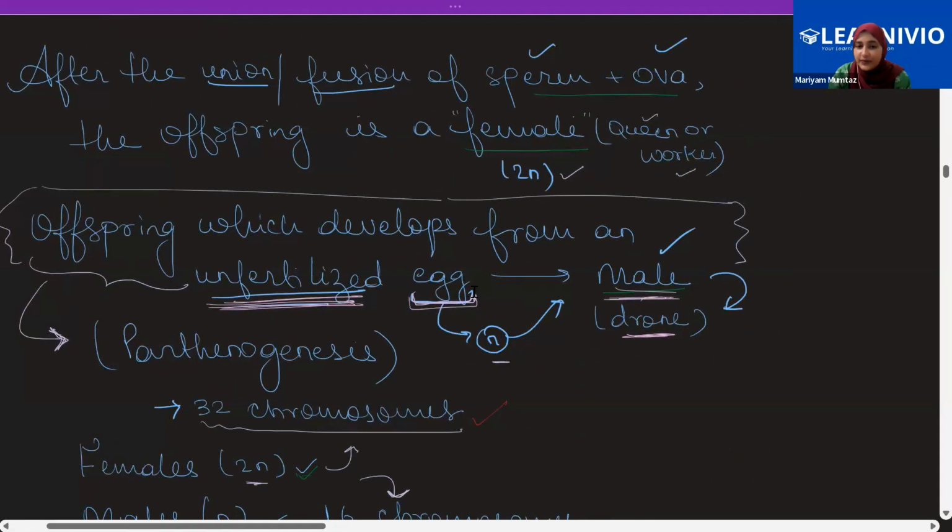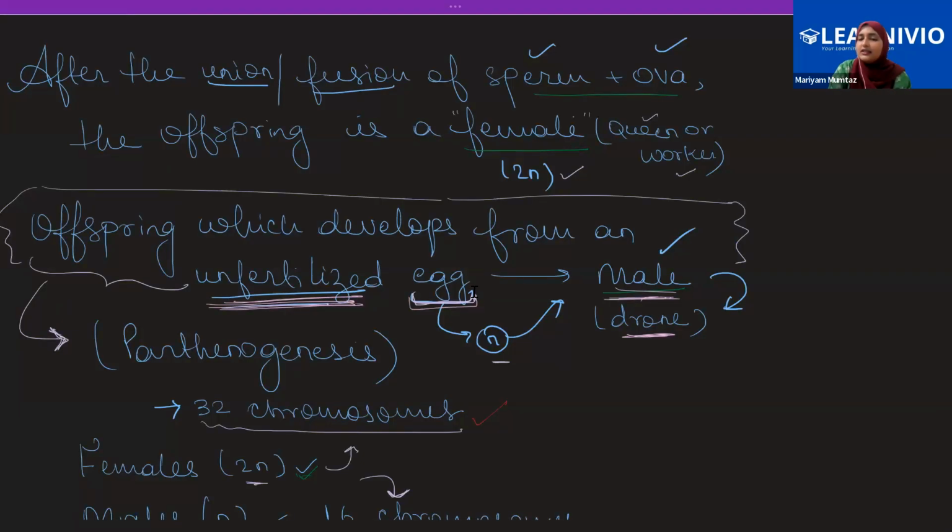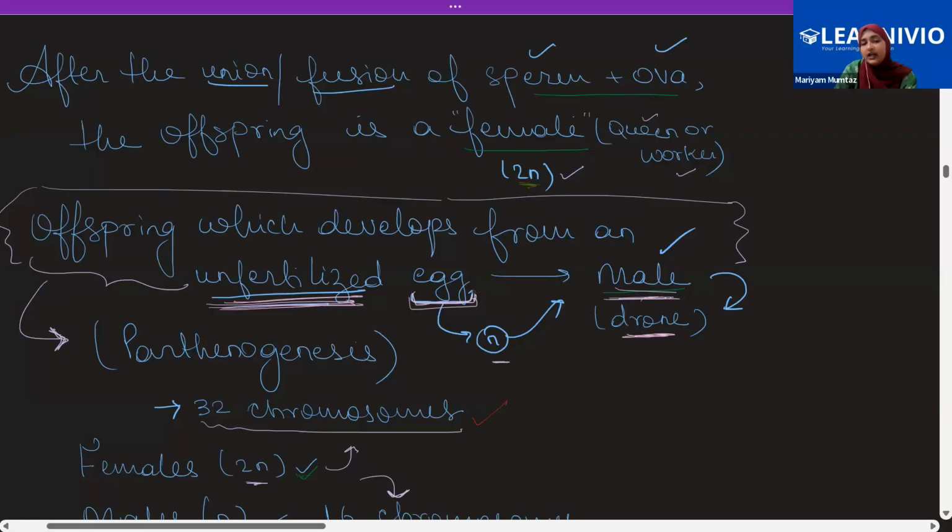But whenever the offspring is developing from an unfertilized egg, means the egg did not get fused by the sperm, the egg was just like that, and then it became the male individual, then in that case, the male will be haploid. Here, the female will be diploid because it is formed as a result of fusion. But in the case of the unfertilized egg, the male will be haploid. And this process of development of an organism from an unfertilized egg is what we call parthenogenesis.